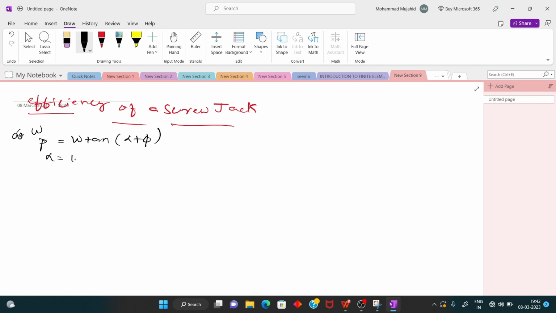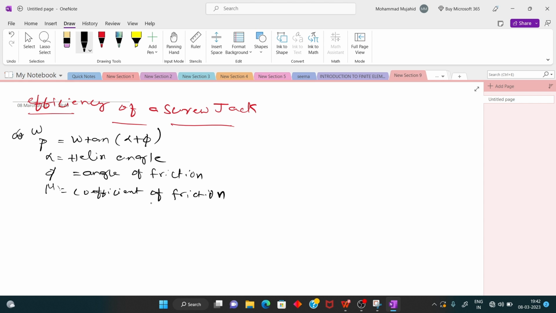Alpha is the helix angle and phi is the angle of friction. And mu is the coefficient of friction between the screw and nut, otherwise it can be given as tan phi.